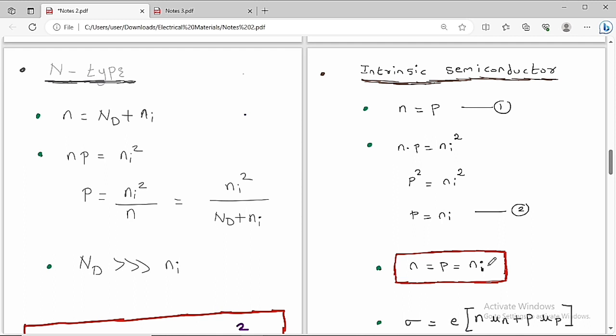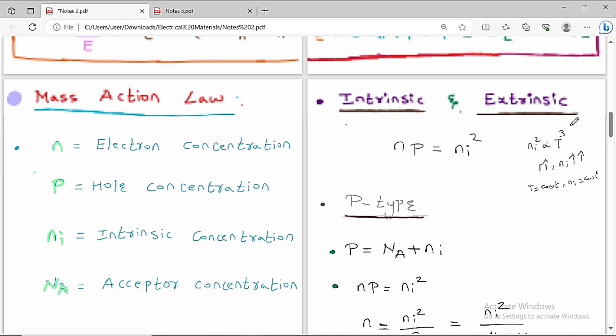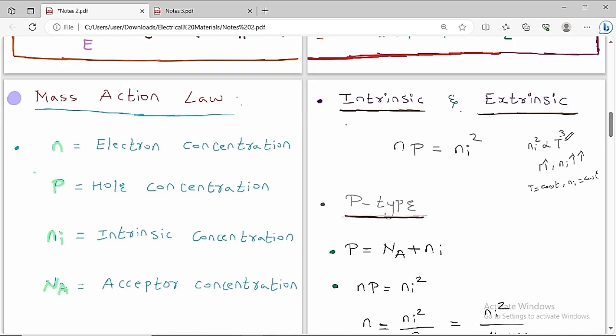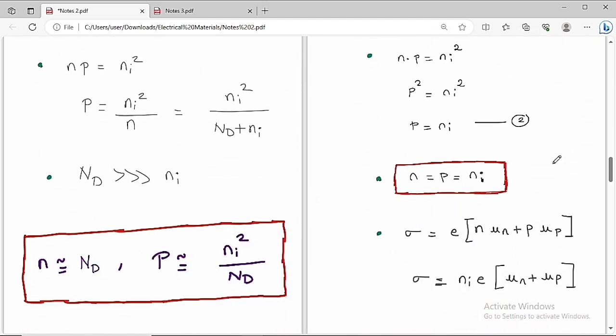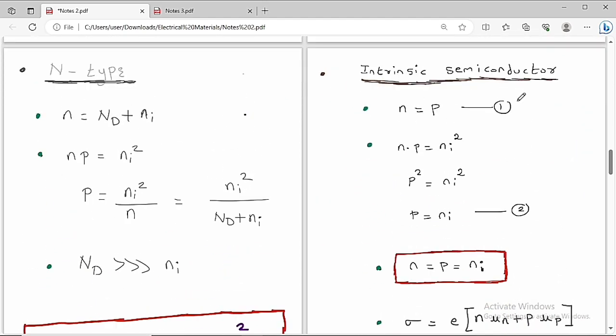Suppose, listen carefully, the temperature is equal to 0 Kelvin. What is going to happen? If T is equal to 0 Kelvin, then Ni is also equal to 0. Temperature is measured in terms of Kelvin only. So if you keep the intrinsic semiconductor at 0 Kelvin, Ni is equal to 0, n is equal to 0, and p is also equal to 0.